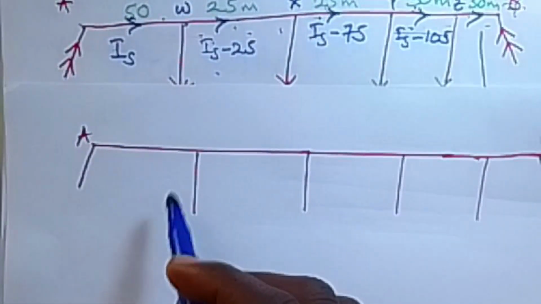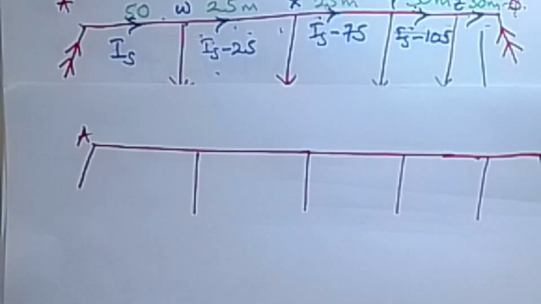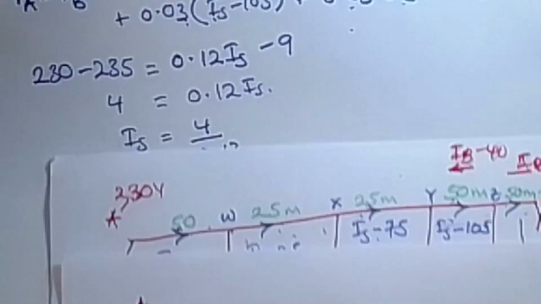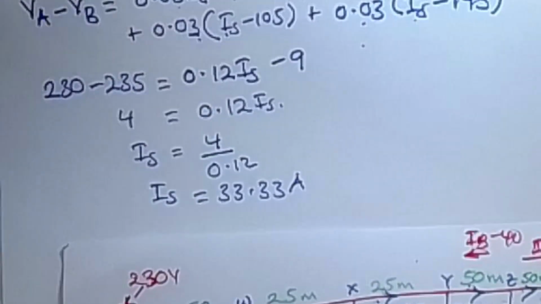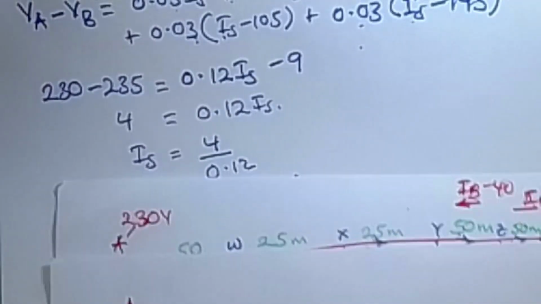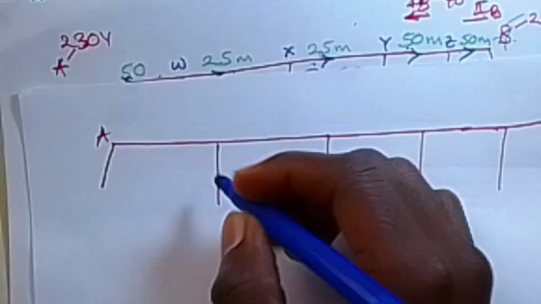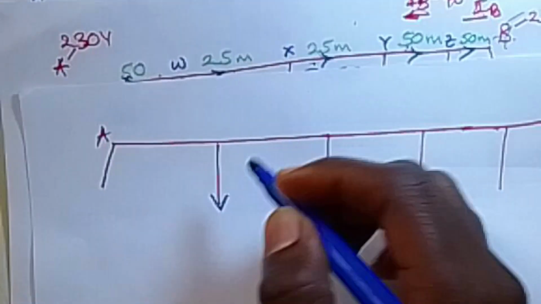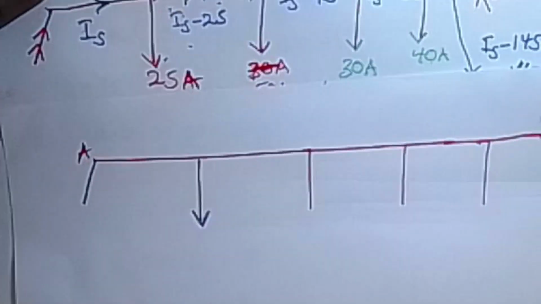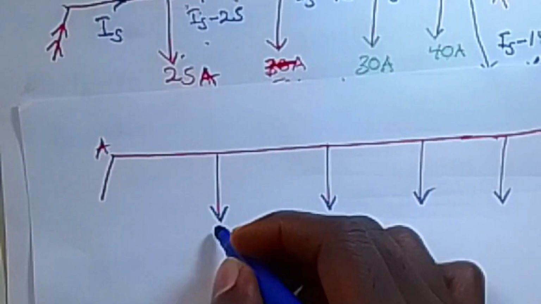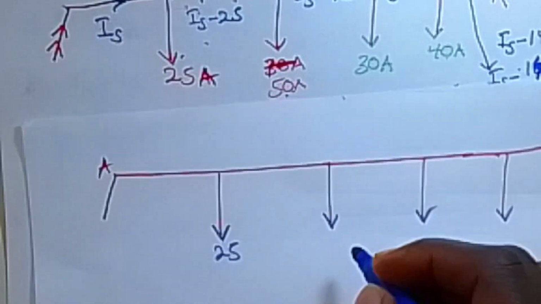So we had our currents and we calculated our current IS to be 33.33 amps. So let us substitute for that current in our equations. Previously, when we referred to the values of the loads that were being tapped off, we had that this was 25, this was 50.